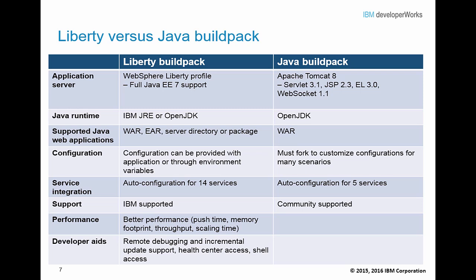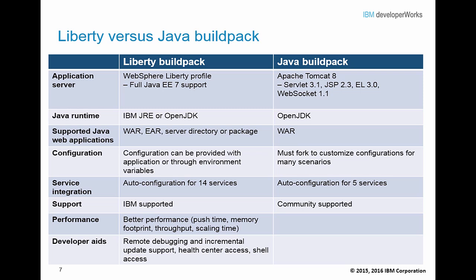So you will see the environment variables and application config variables part of the runtime vars XML file when you use the Liberty build pack. Whereas in the Java build pack, you will have to fork it to customize the application configurations.